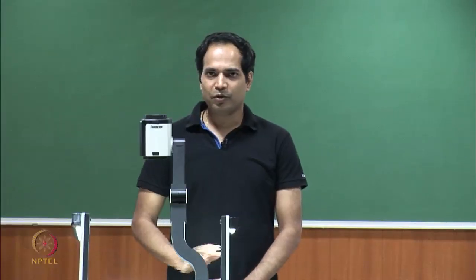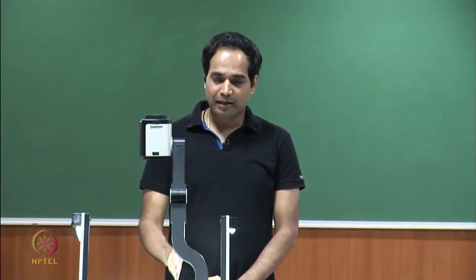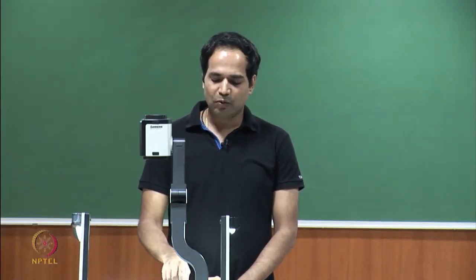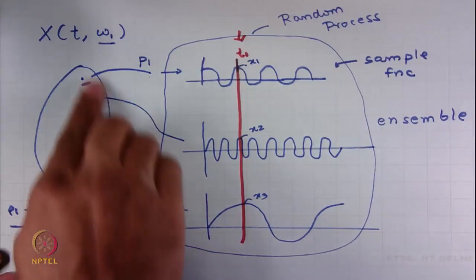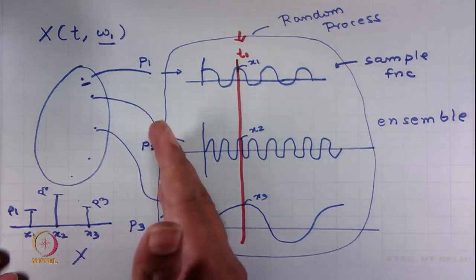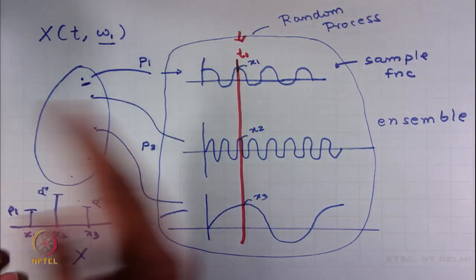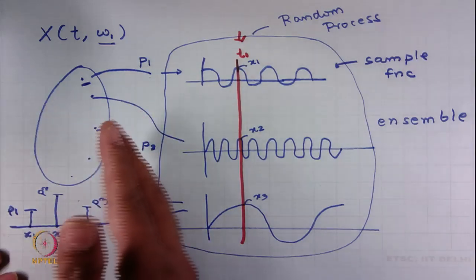The second thing that you should notice here is that the randomness lies, in this specific context, only in which outcome would turn up. So, before an experiment, or a priori, there is some randomness, because you do not know which outcome will turn up.